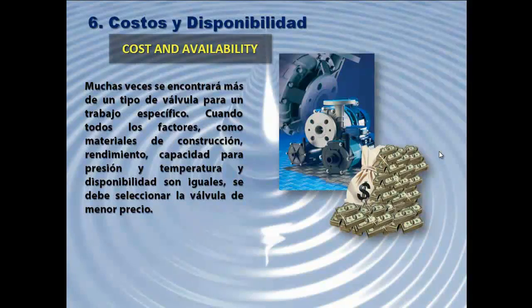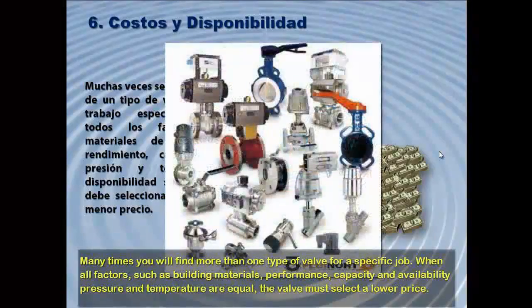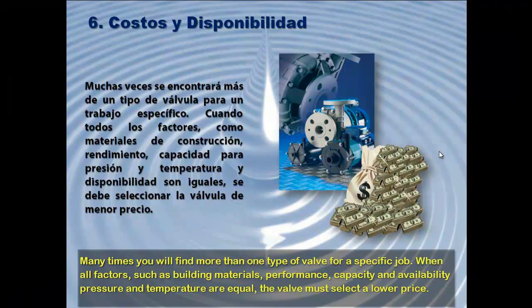Costs and availability. Many times you will find more than one type of valve for a specific job. When all factors such as building materials, performance, capacity, availability, pressure and temperature are equal, the valve with the lower price must be selected.